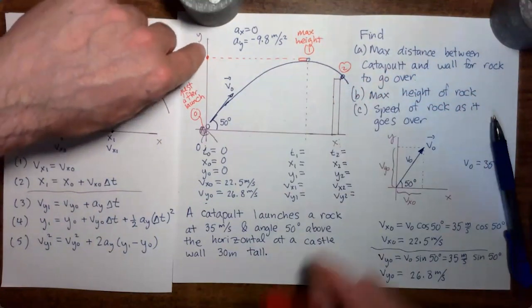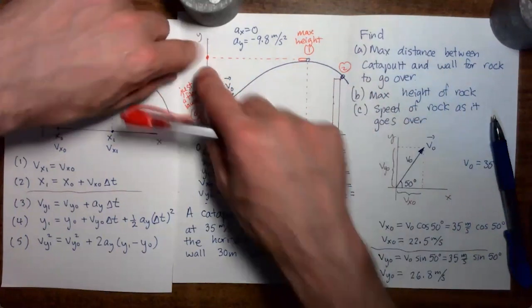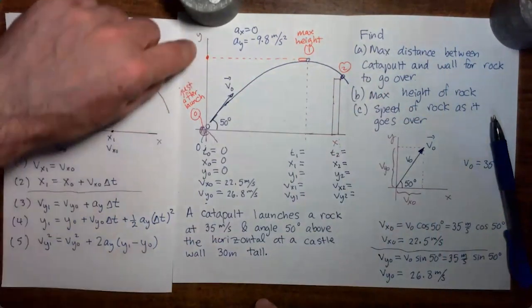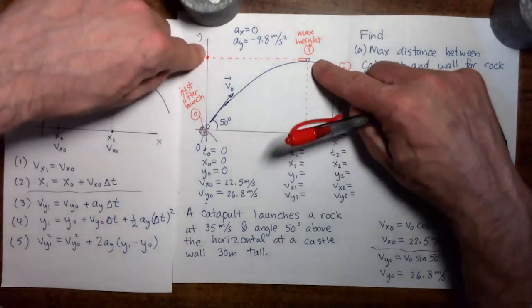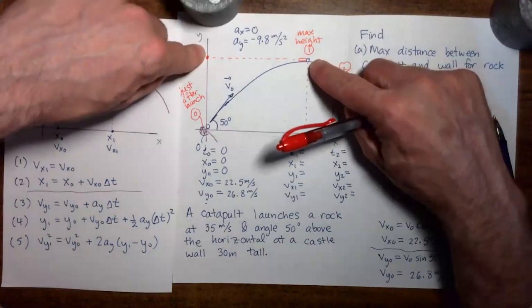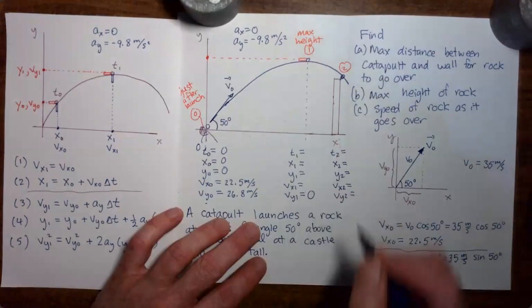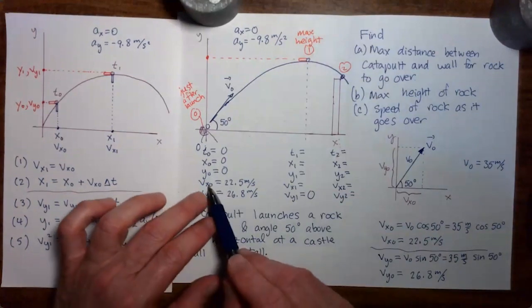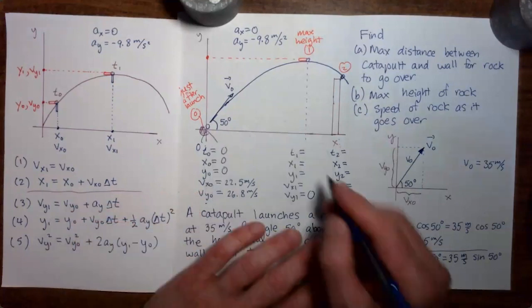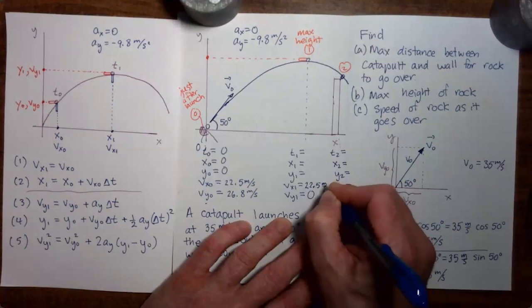So at this moment, that red spot has reached the top of its, quote, motion, which means that the velocity of the red spot at this moment is 0, which means that the y velocity of our projectile at this moment is 0. Let's put that in there. The other thing we would know here is the x velocity, because that is constant throughout. So we can put this in as 22.5 meters per second.